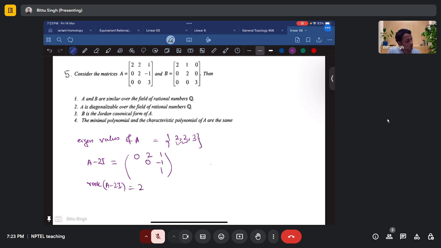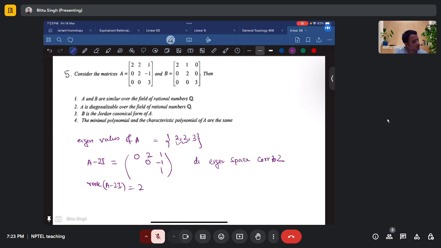Therefore the eigenspace corresponding to lambda equal to 2 is actually one dimensional, right?